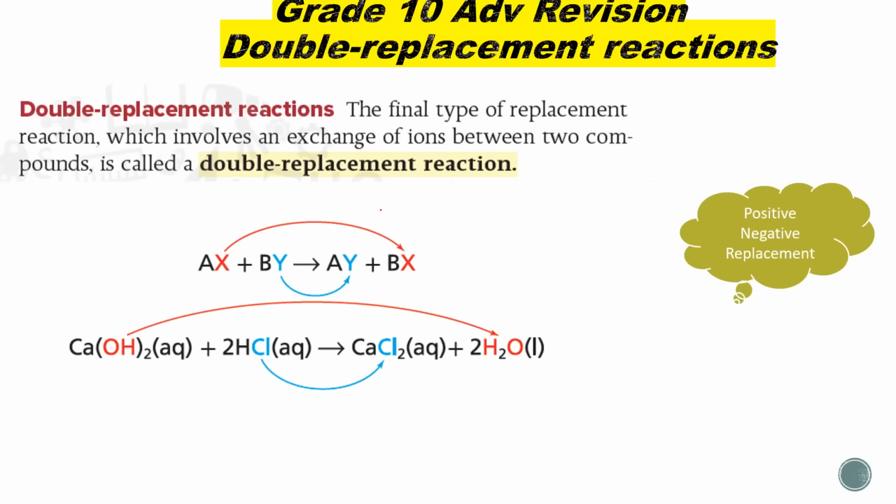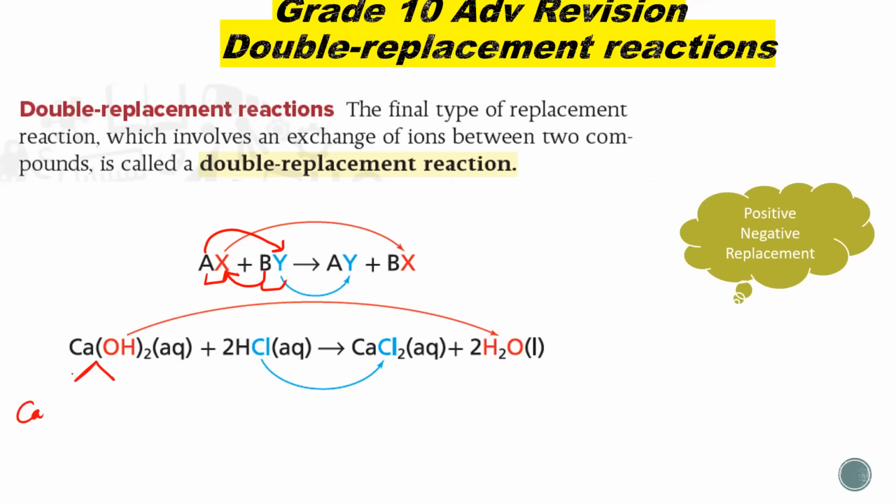So double replacement reactions, you studied this in probably grade 10, if I remember correctly. Double replacement reactions, guys, are reactions in which ions switch places. You have a compound and a compound, and they will switch places. The B will go with the X, and the A will go with the Y. So how do we do it?